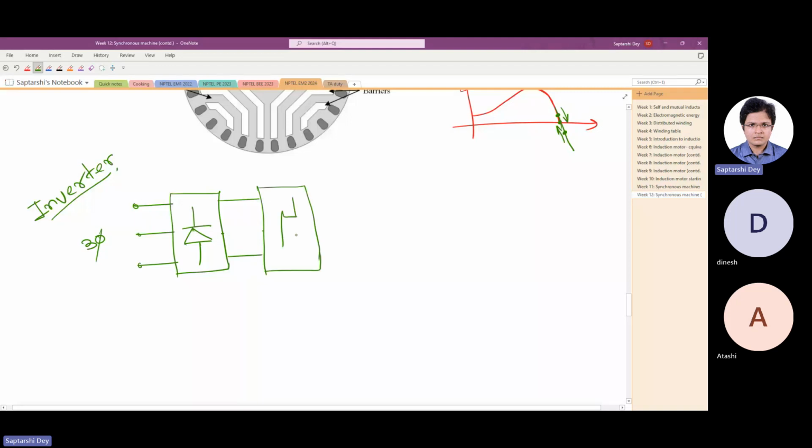Then an inverter. So this is a rectifier. This is inverter. This inverter runs the synchronous machine.